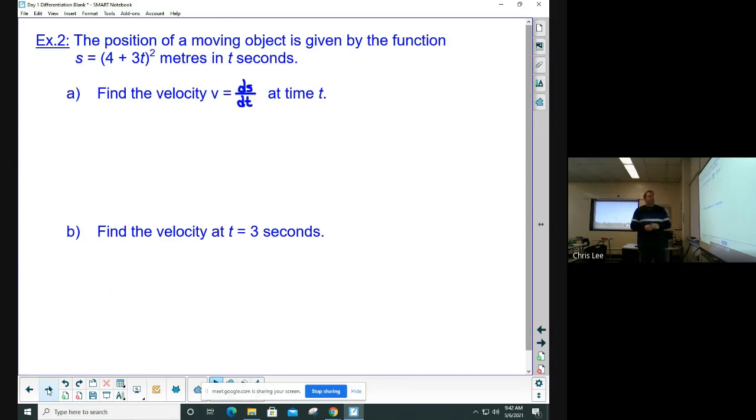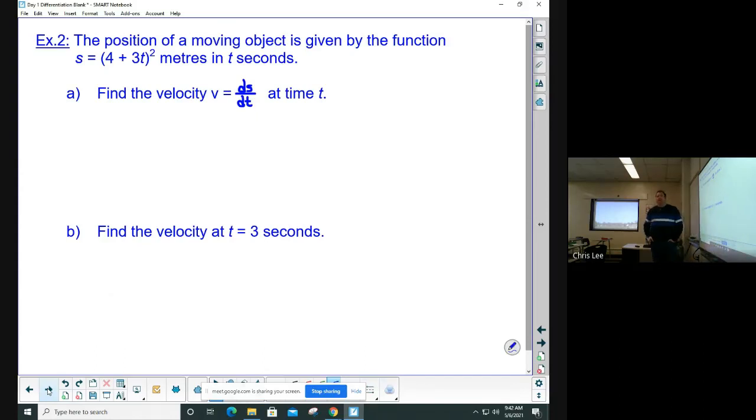So in this case, our function first looks a little bit more complicated because it's a big thing in brackets being squared. So my advice was, before you start differentiating, which is what we're asked to do here, remember this notation is the third type of notation for derivatives.